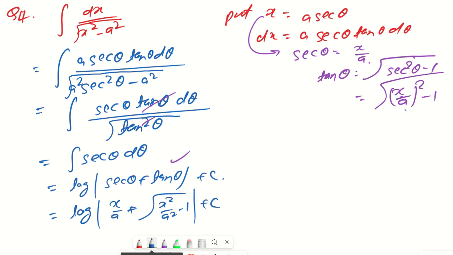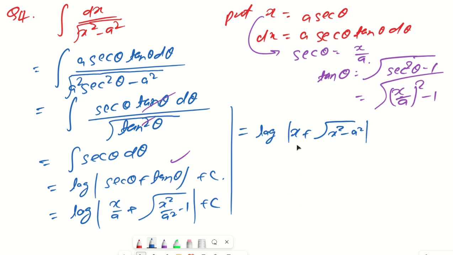Okay. Now if you solve more, then you are going to get log of, see, I can take this a square outside, so it will become a. So x by a plus this square root of x square minus a square by a, right? So can we do that? So we can get log of x plus root under x square minus a square, right?